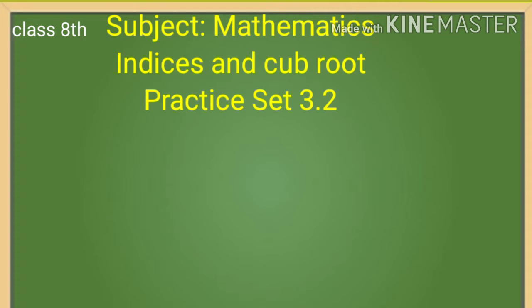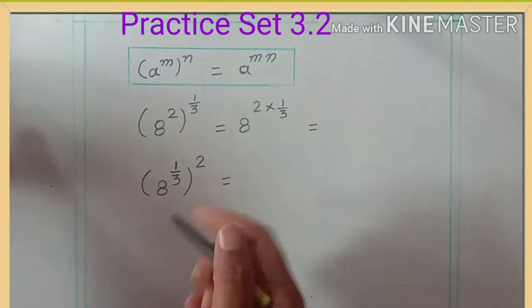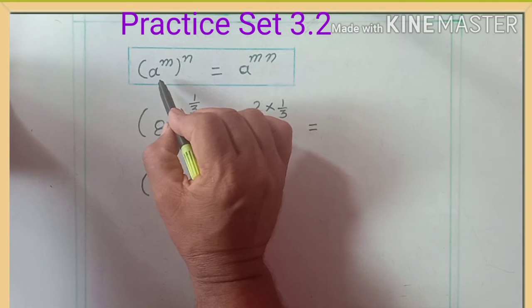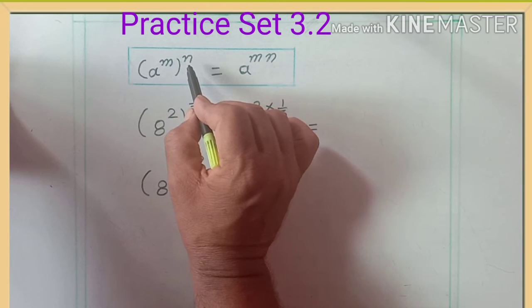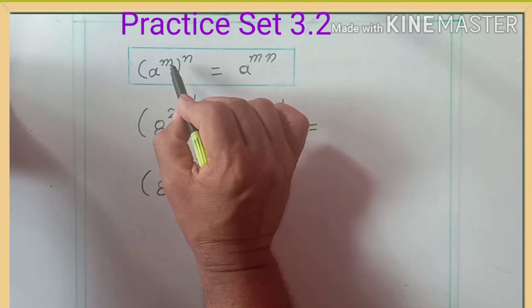Class 8 Subject Mathematics, Indices and Cube Root, Practice Set 3.2. Before solving, we want to take some information. We know that a raised to m, bracket raised to n, is equal to a raised to m into n.